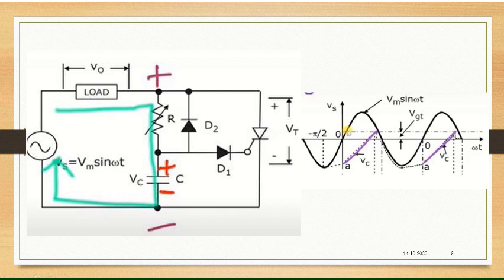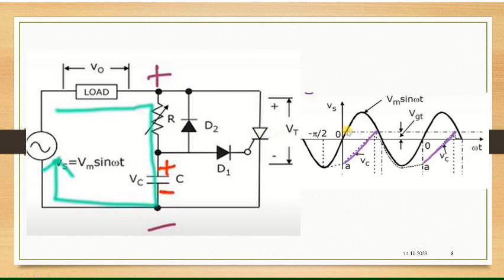As the capacitor gets charged, what happens? You can also observe that the potential developed here is forward biasing diode D1. So when the diode is conducting, the voltage coming at this gate terminal, if it is equal to VGT, that is the gate triggering threshold voltage specified by the manufacturer, that is the limit required to turn on the device.